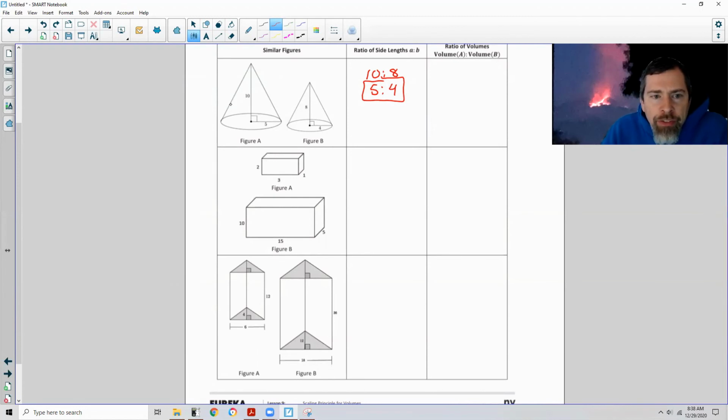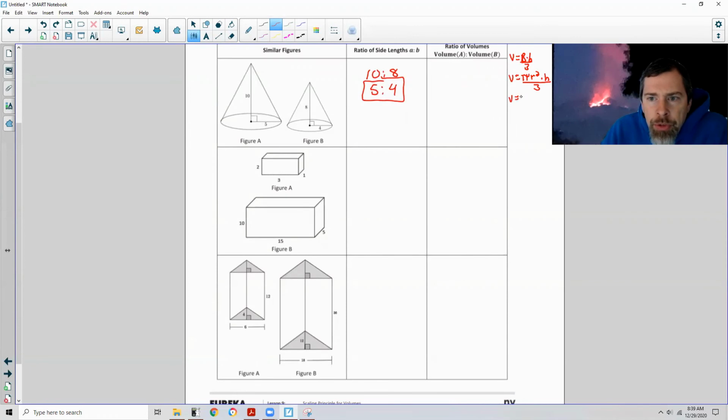So now we're going to find the volume of each cone. The volume of a cone is the base area times the height divided by 3. Our base area in this case is a circle, and the area of a circle is pi r squared, times the height over 3.